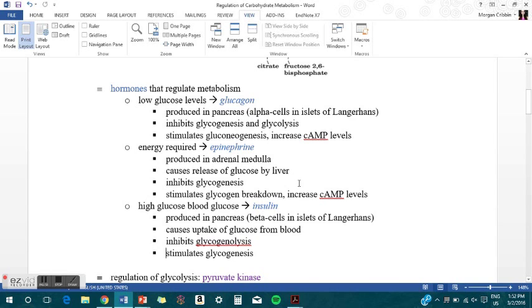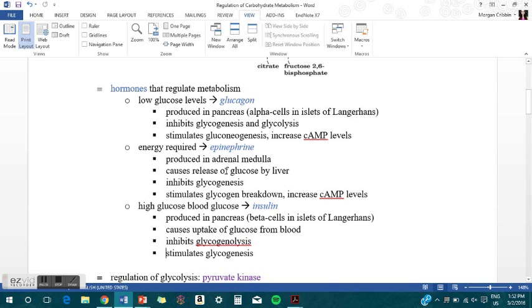It inhibits glycogenesis and it stimulates glycogen breakdown. So this is going to be when you're not intaking any glucose, you need to take it from your glycogen stores. So you're not going to be making any more glycogen, you're going to inhibit glycogenesis, and you're going to stimulate glycogen breakdown so that you can get some glucose in that can be used for energy by your cells.